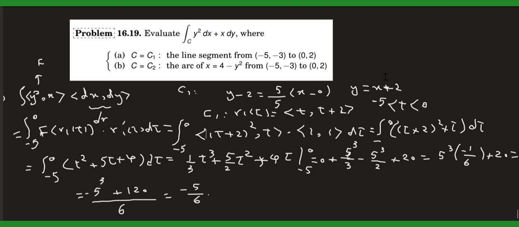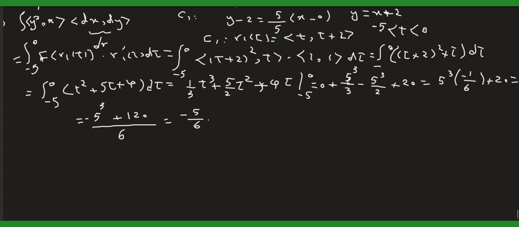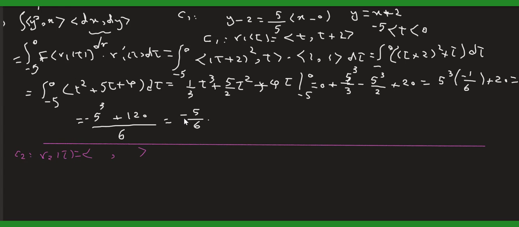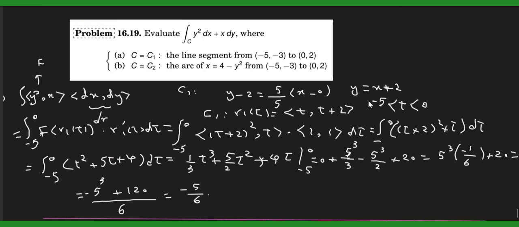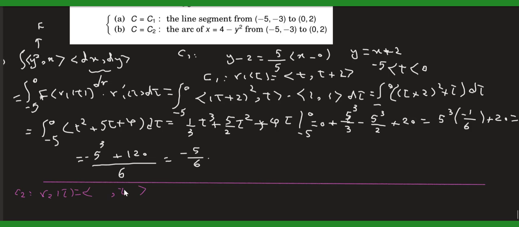So for C2 I write r2(t) equal to, as x is equal to 4 minus t squared, I consider y is t, and x will be 4 minus t squared, and t is y between minus 3 and 2. So we need the derivative r2 prime, which will be minus 2t and 1.